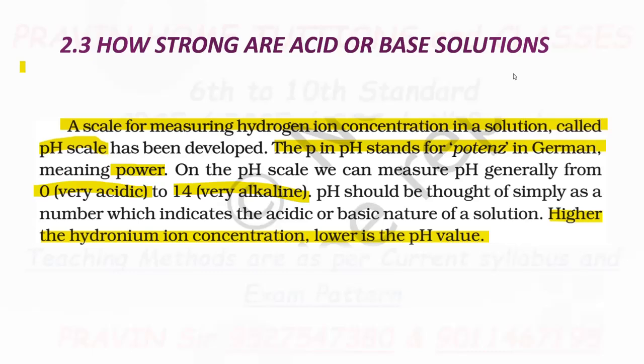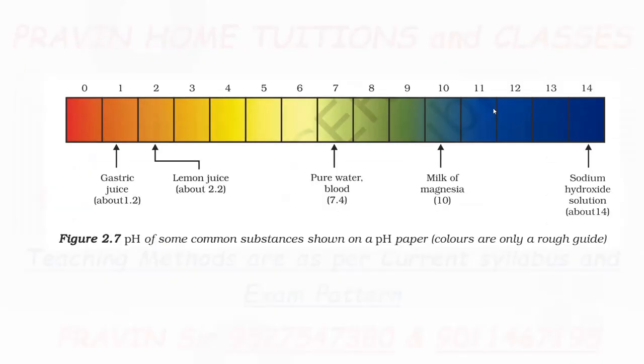Generally, the scale has numbers from 0 to 14 written like this: 0, 1, 2, 3, 4, 5, 6, 7, 8, 9, 10, 11, 12, 13 and 14.